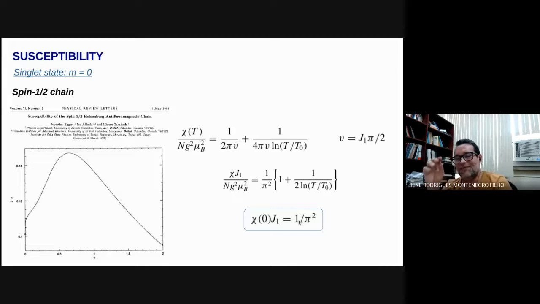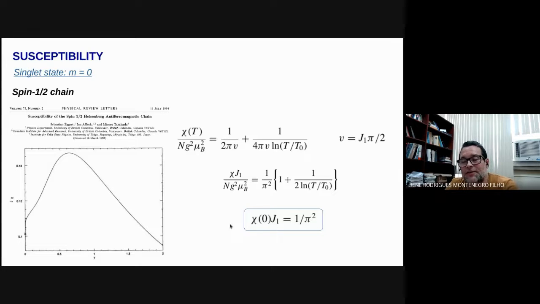So we tried to compare our susceptibility results for the couplet time chain in the singlet phase with this formula here and this constant value of the susceptibility at t equal to 0.